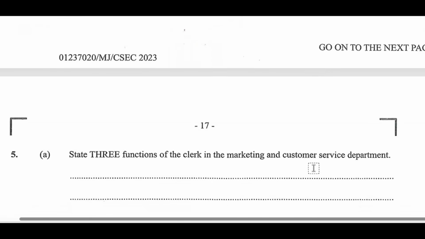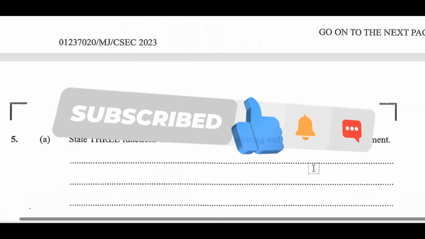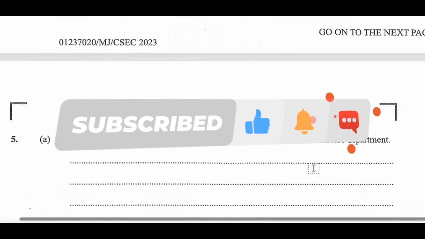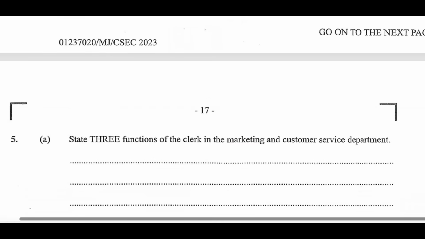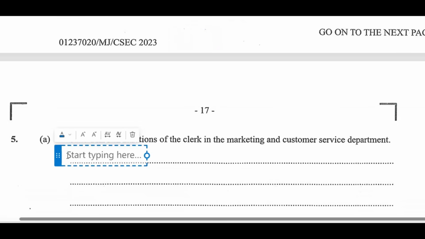Question number 5. State 3 functions of the clerk in the marketing and customer service. 3 functions of what the clerk has to do. Function number 1, have to record sales and customer transactions.